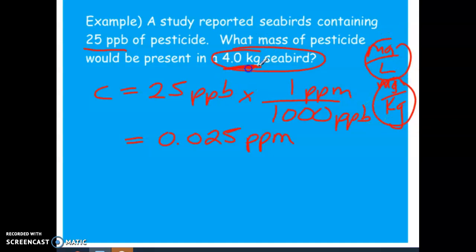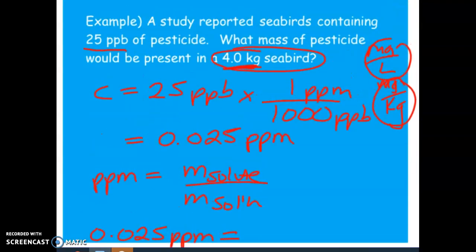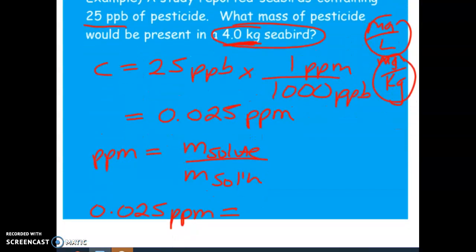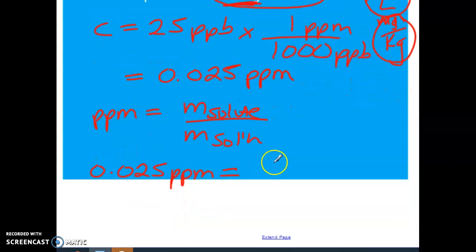So here we have a solution that's in kilograms, so we're going to be using our milligram per kilogram ratio, right? So parts per million is essentially going to be the mass of your solute over the mass of your solution. Just want to make sure your units are proper. So we have 0.025 parts per million is equal to, so we're given our mass of the pesticides, what we want.